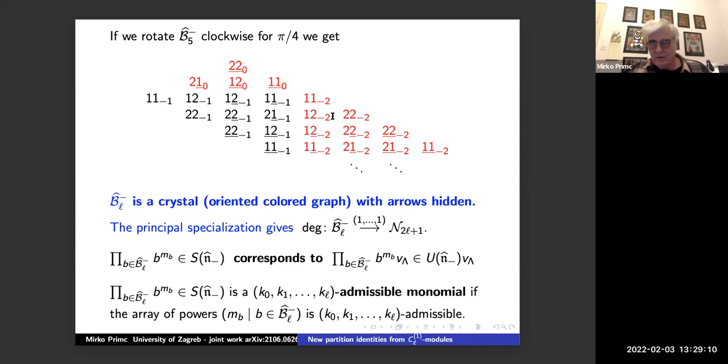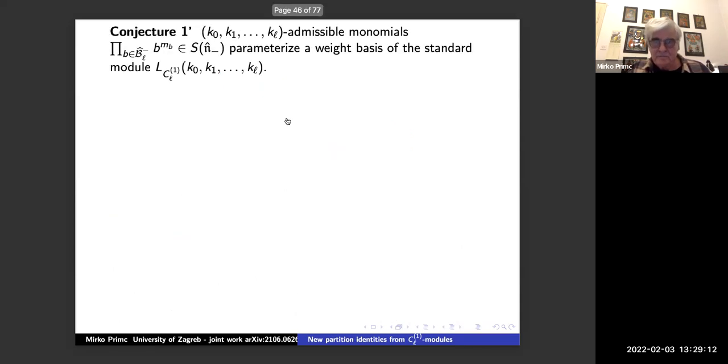So we have another conjecture, conjecture 1, that K-not-to-KL admissible monomials in the symmetric Lie algebra n hat minus parameterize the weight basis of the standard module for the symplectic Lie algebra with these parameters.